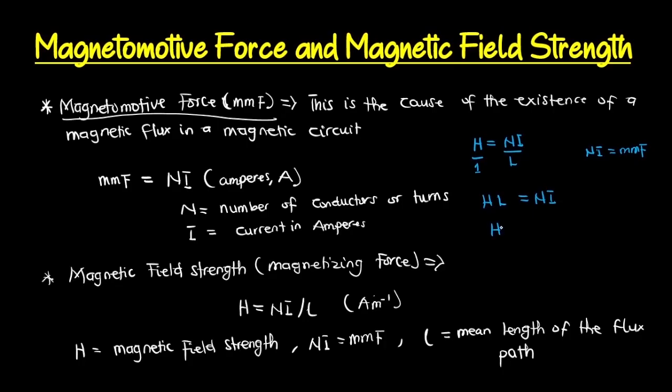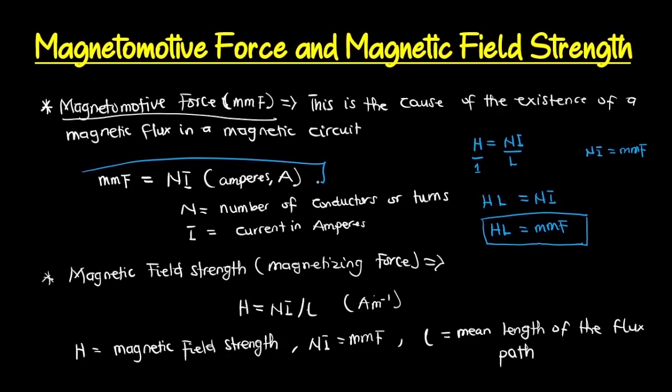So it means that HL is equal to mmf, which basically means that my magnetomotive force is equal to the product of my magnetic field strength multiplied by the mean length of the magnetic flux. That is another formula for finding magnetomotive force. So it's either HL or Ni.